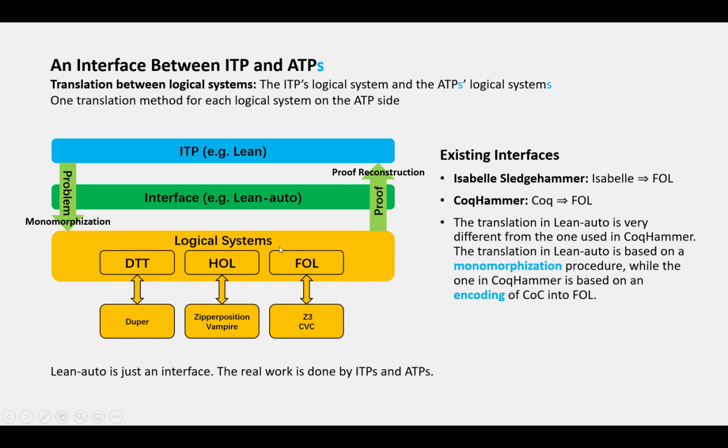And after the prover has completed the proof, you need to translate the proof back into Lean. Of course, LeanAuto is not the first interface between ITPs and ATPs. We have existing interfaces like Isabelle's Sledgehammer and Coqhammer. They do the same thing.